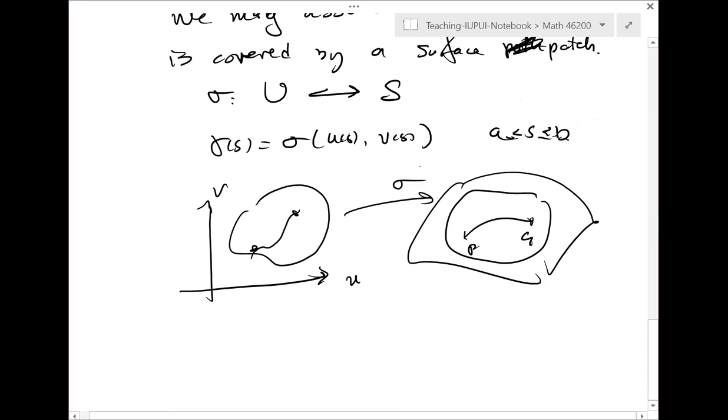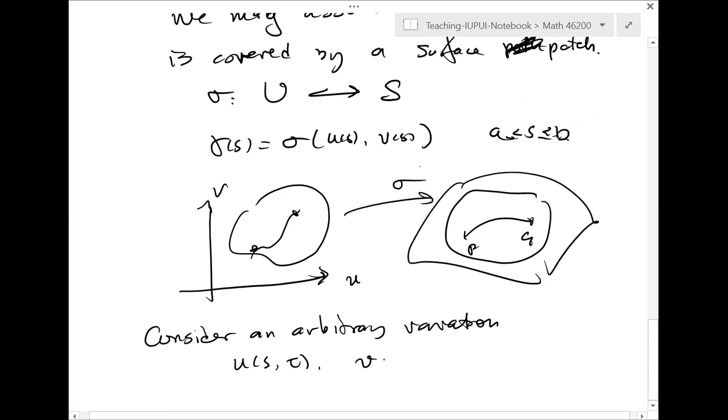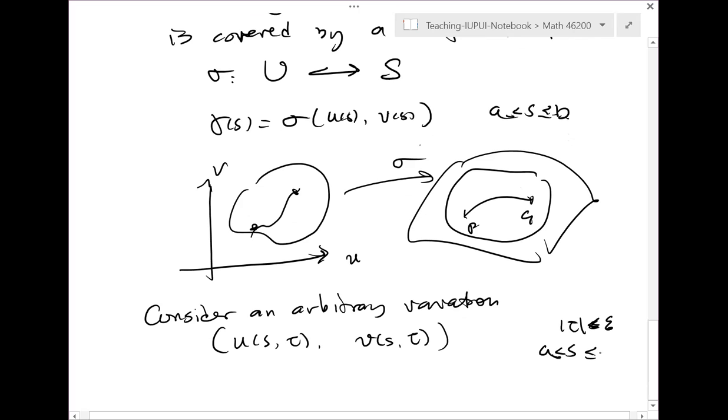Now we may consider an arbitrary variation. A variation is defined in this form, u(s, tau) and v(s, tau), where tau is smaller than epsilon, and s is between a and b.